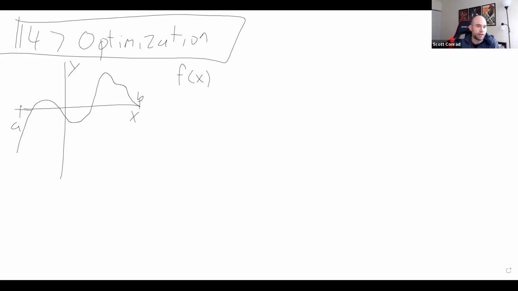So remember, we have local extreme values, which are if you're just looking nearby a point, say like right here.